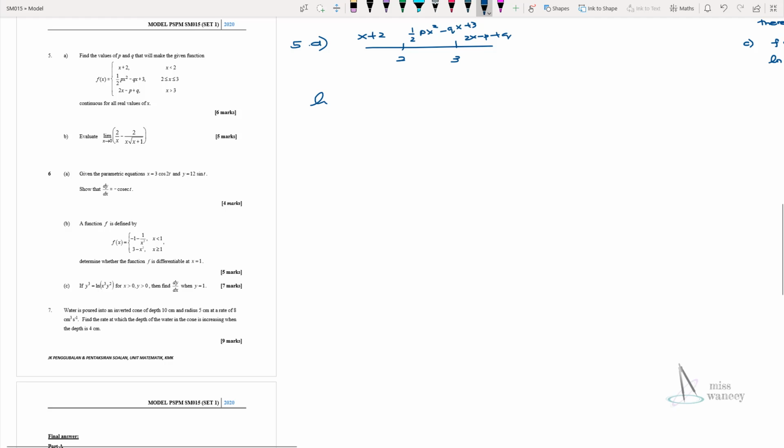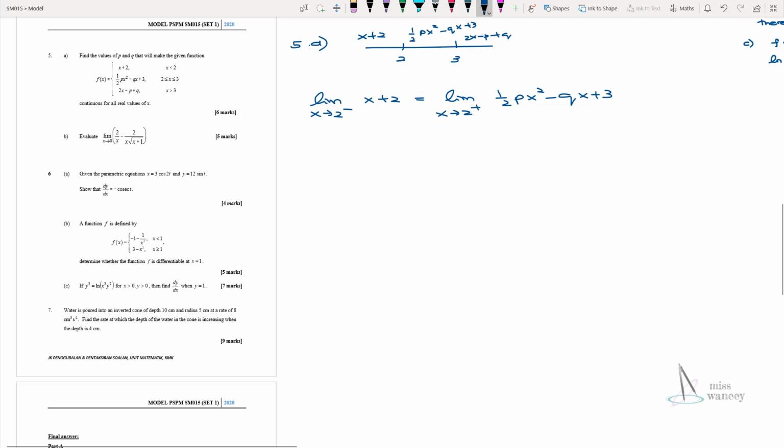That means the limit as x approaches 2 on the left hand side, so the function is x plus 2. So this one must be equal to the limit as x approaches 2 on the right hand side of half px squared minus qx plus 3.